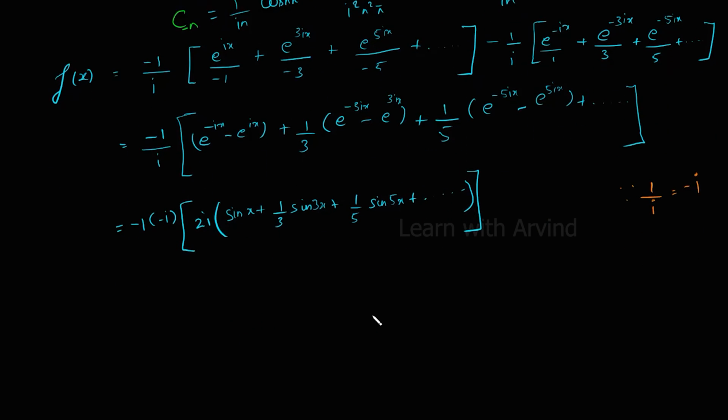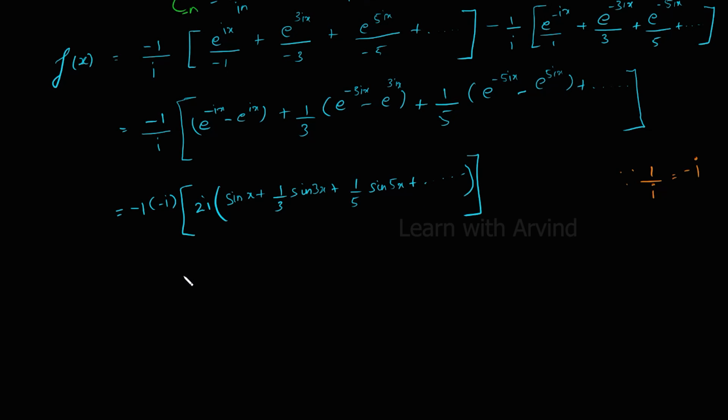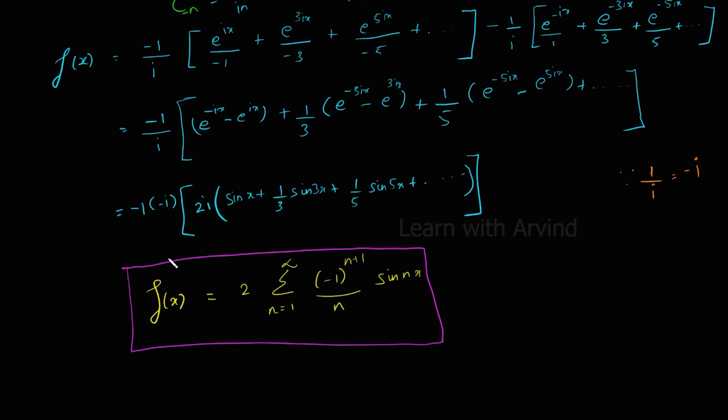And the final answer, which can be written in the form of 2 into summation n is equal to 1 to infinity minus 1 power n plus 1 divided by n into sin n x. Just like in the previous case, we got the same answer in both the methods.